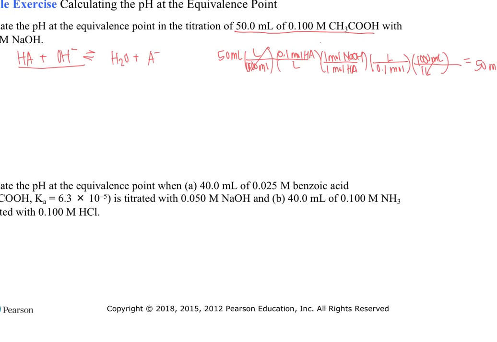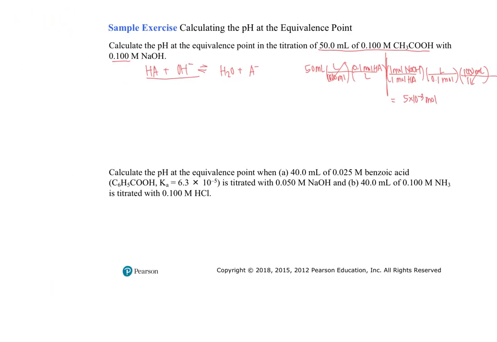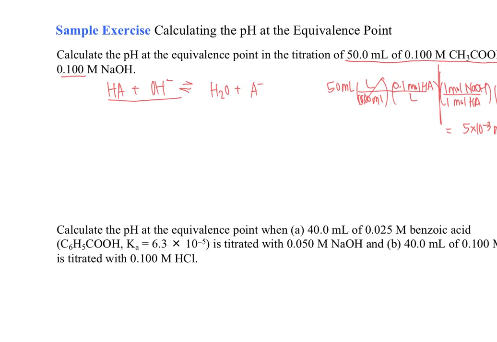And if I stop right here, I can find out how many moles of acetic acid I have, and it's 5 times 10 to the negative third moles. So initially I have 5 times 10 to the negative third moles here. I'm going to react all of it with my hydroxide, and I don't have any of my products.